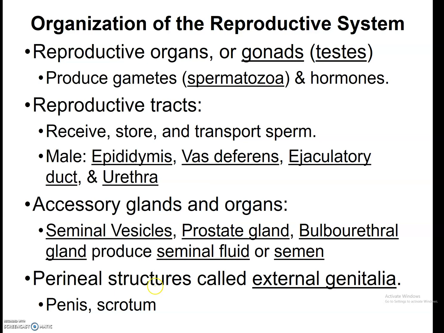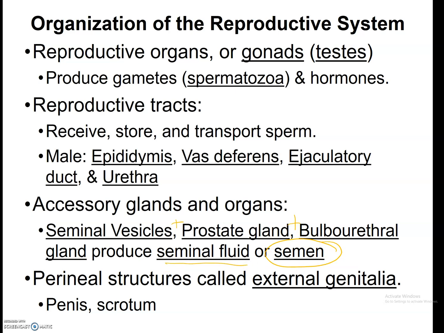And the semen consists of a number of different fluids from the seminal vesicles, prostate gland, and bulbourethral gland. So I guess you could say if you take the fluid from the prostate, add that to the seminal vesicle fluid, add that to the bulbourethral gland, you end up with semen, or seminal fluid as a formal term.